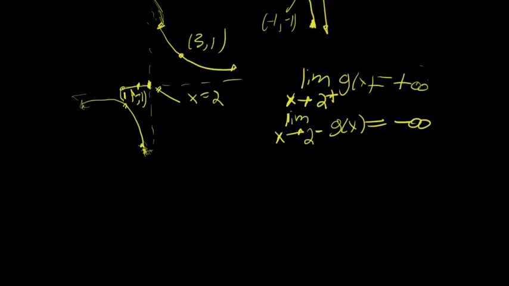Now we'll look at another similar function, and that's going to be h of x equals 1 over x squared. So let's see what that looks like.